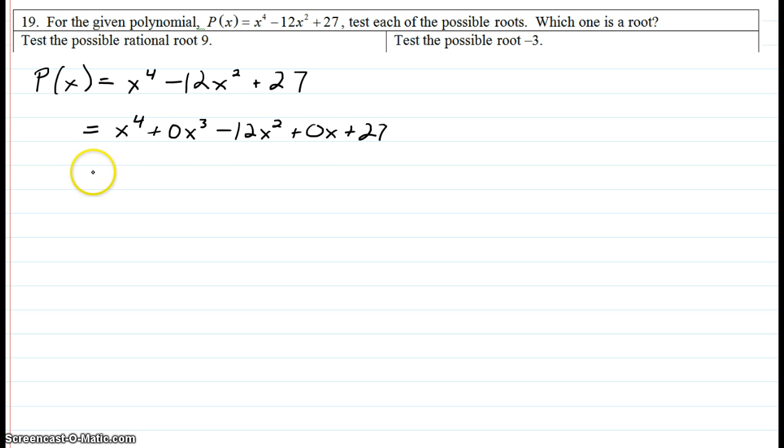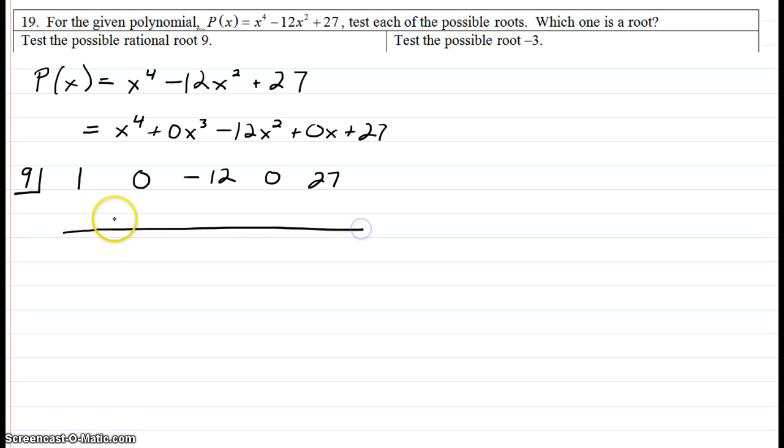This way, when I go to do synthetic division, I use my coefficients 1, 0, negative 12, 0, 27. And now we're going to test 9. You bring the 1 down.